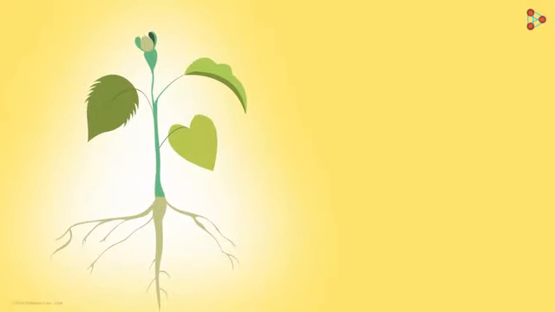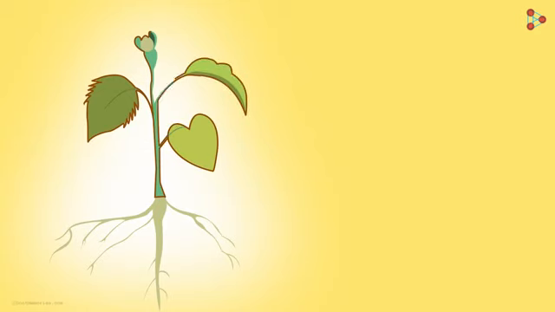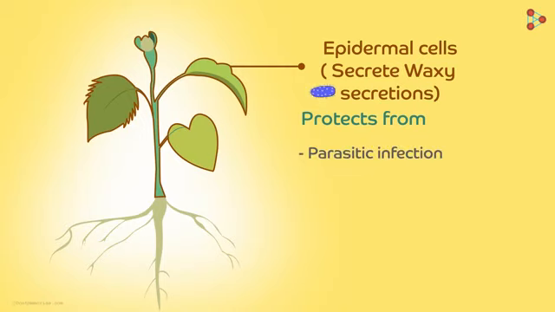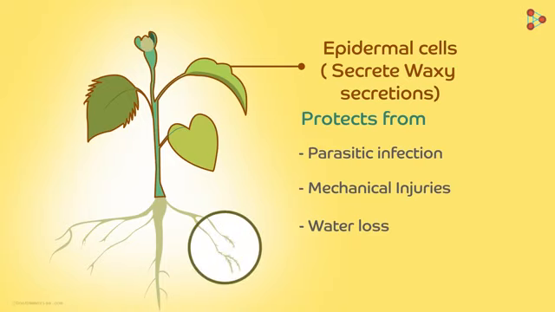On the other hand, in terrestrial plants, usually the aerial parts have epidermal cells specialized in waxy secretions, and it helps in numerous ways, like preventing parasitic infection, protection against mechanical injuries, and even loss of excessive water during high temperatures. In addition to this, when we observe the roots of plants, we find tiny, numerous hair-like structures.